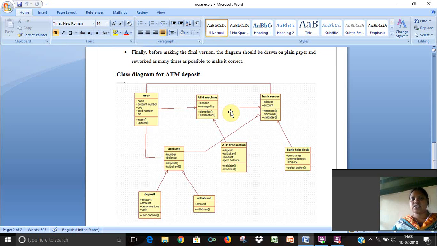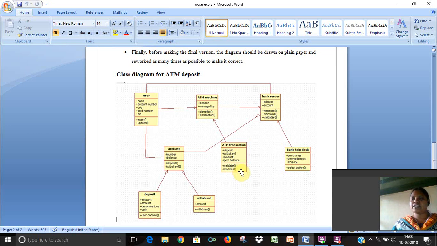Coming to the transaction, there are different types of transactions, so it will call the ATM transaction. In this there are different types of transactions like deposit and withdrawal. It will contain the amount, and we can check how much balance is there. This class will validate everything we select.